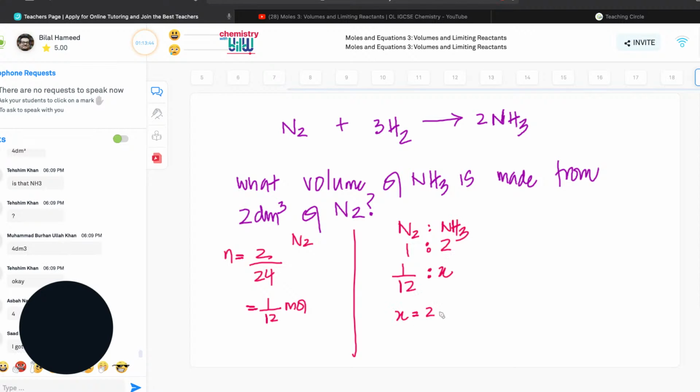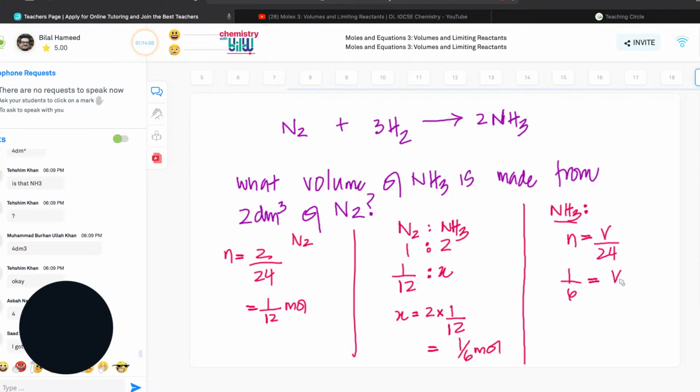It's to 2/12, which is 1/6. I'm just leaving it as a fraction for now. And then the last bit was to find the volume of ammonia. So you'll use the same formula, 1/6 is equal to volume over 24. You take 24 to the other side. So 24 into 1/6 is the volume, which is actually 4 dm cube. Now this isn't that long to do, but there's an even shorter way to do that. I'll show that to you.